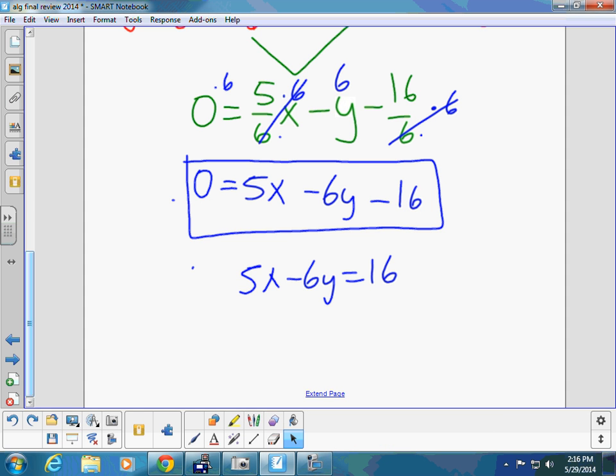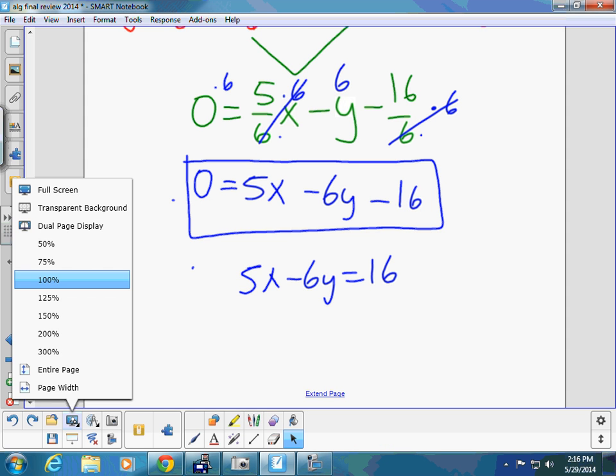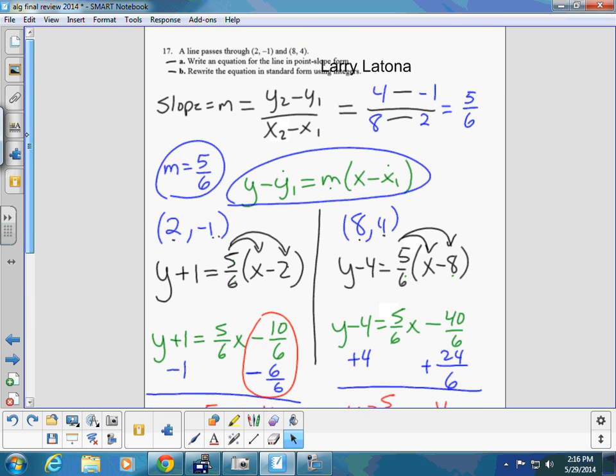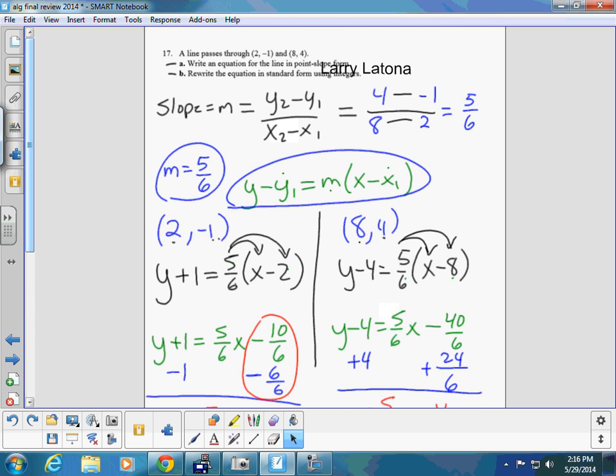So this question here is asking you several things about 9th grade math here. The first thing it's asking you to do is find the slope. You need to know the slope formula, and you have to use it correctly.